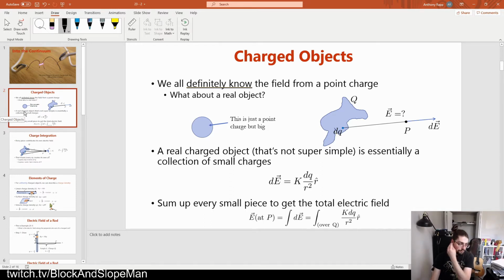Well, it's not really different from a point, right? We can still kind of agree that that looks like a point. What we're going to find later is it behaves like a point. That's just a big point charge, more or less. As long as we're outside of that thing, it turns out it doesn't matter.